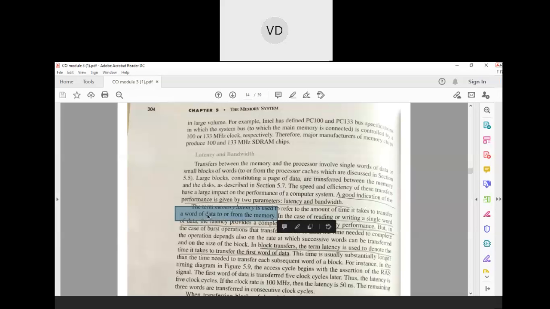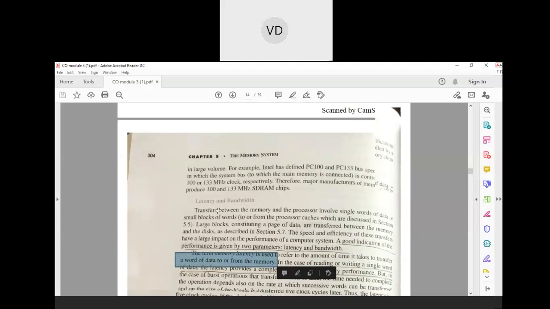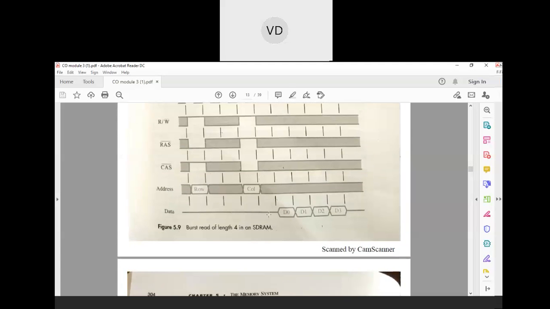Okay, one word of data. So how much time is it taking to transfer the one word of data? Now here we have seen, even after the row address and column address is given to the system, the memory takes one cycle delay. After one cycle delay, the first block of data, or first word of data, is transferred.